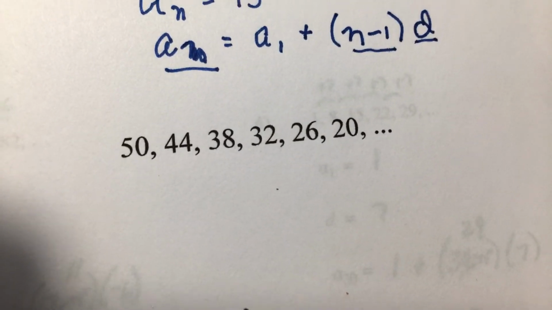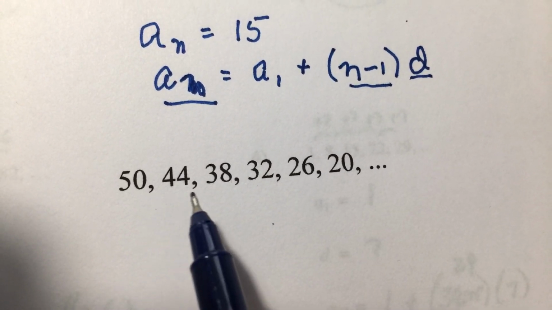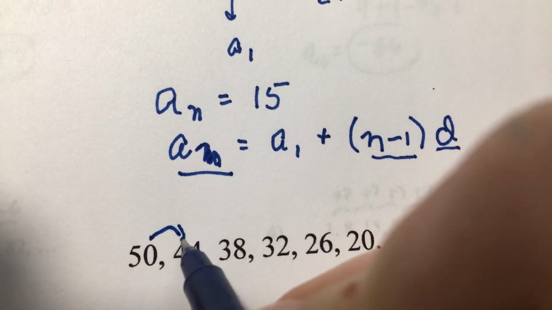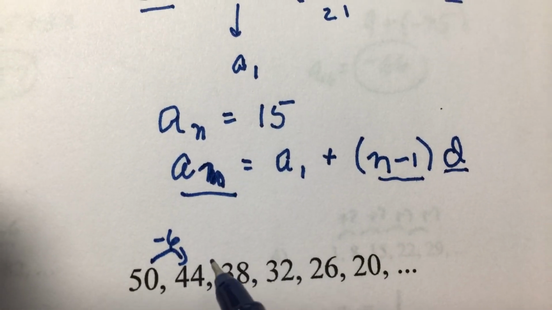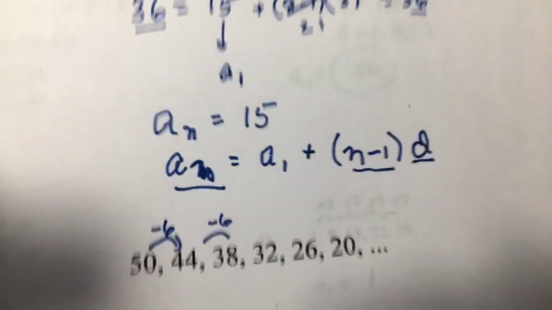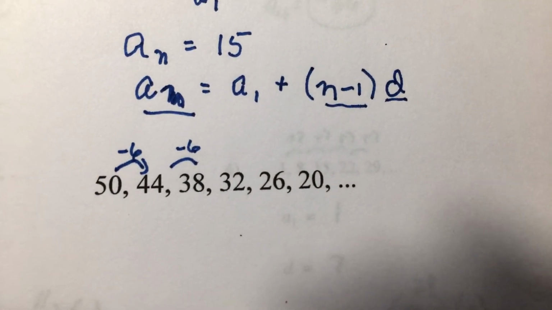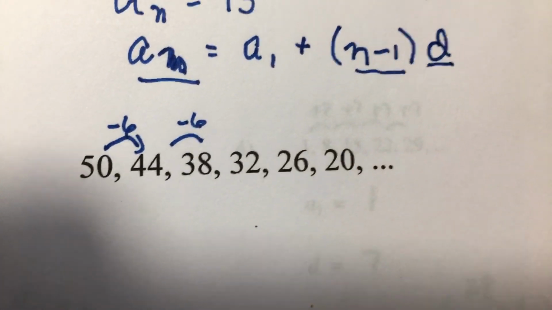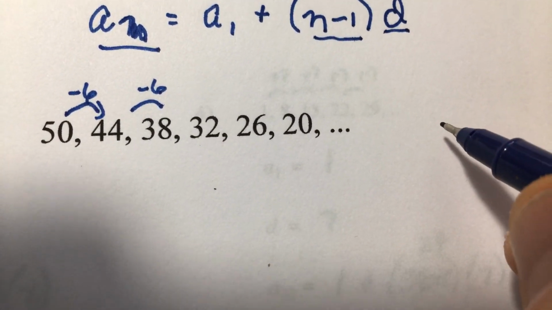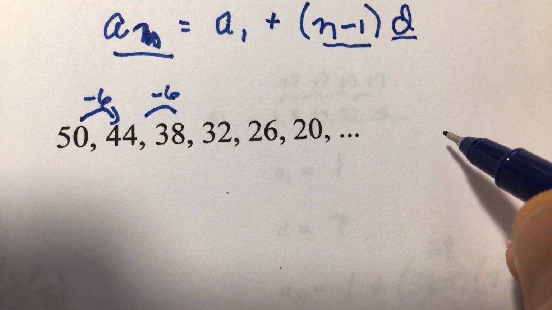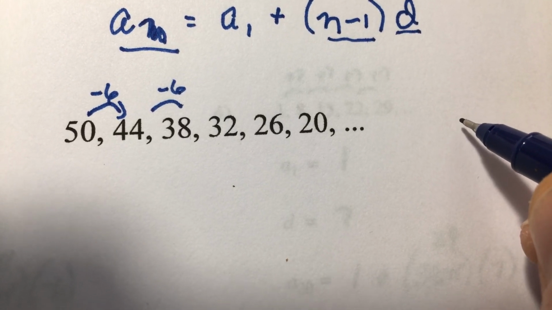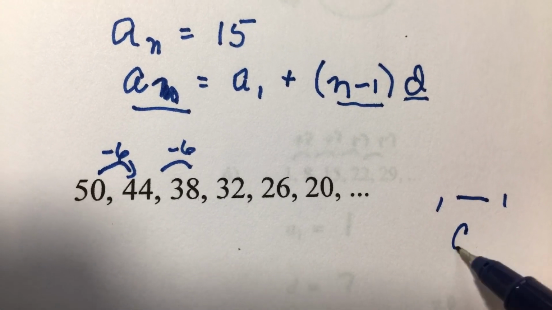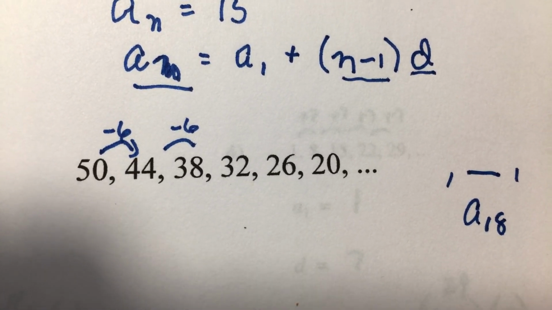Okay? So let's take a look at this. So here's one where we're getting smaller. We're subtracting 6 all the way across. So let's say we wanted to go to some mystery number out here. Let's just do the 18th number in line.